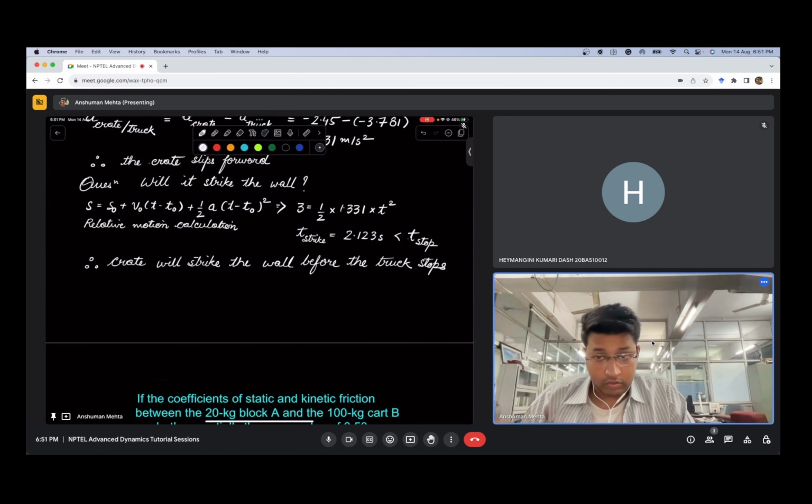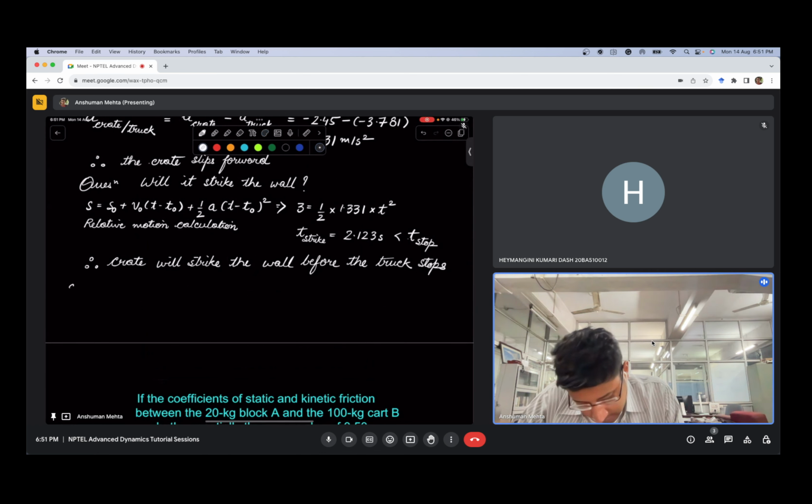Okay, now we are finding that relative velocity by using the formula v is equal to v naught plus a into (t minus t naught).